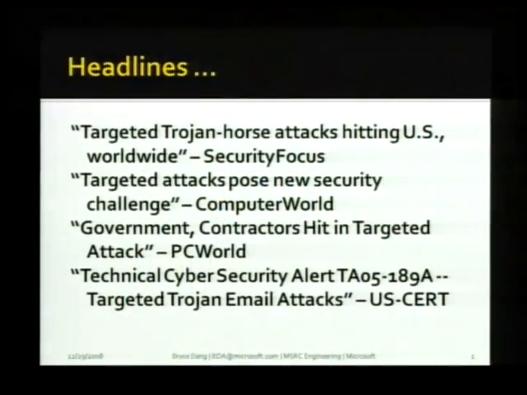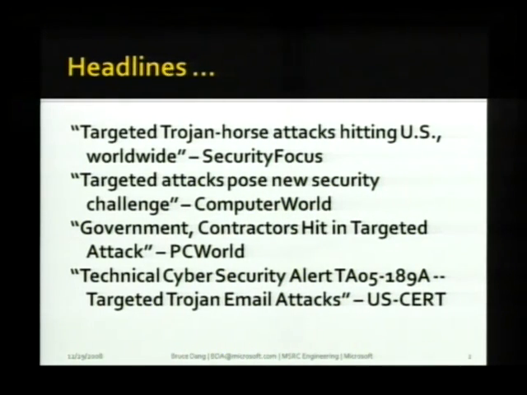So we'll start. Most of you are probably familiar with targeted attacks. These are not drive-by attacks. Most of the time the attackers have an idea of who they want to attack, and typically these are large corporations, and they do reconnaissance on the victim.